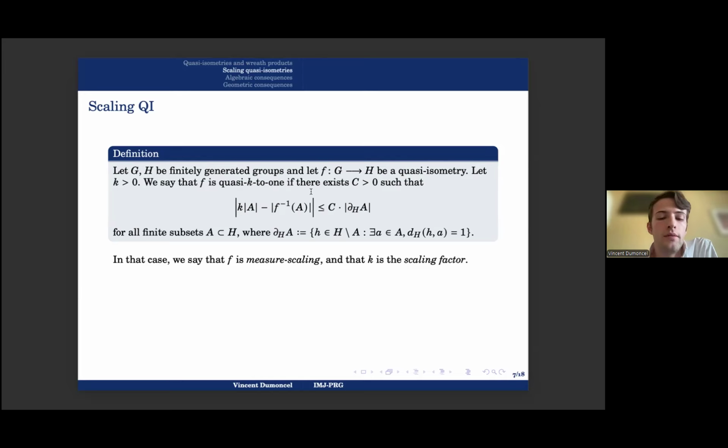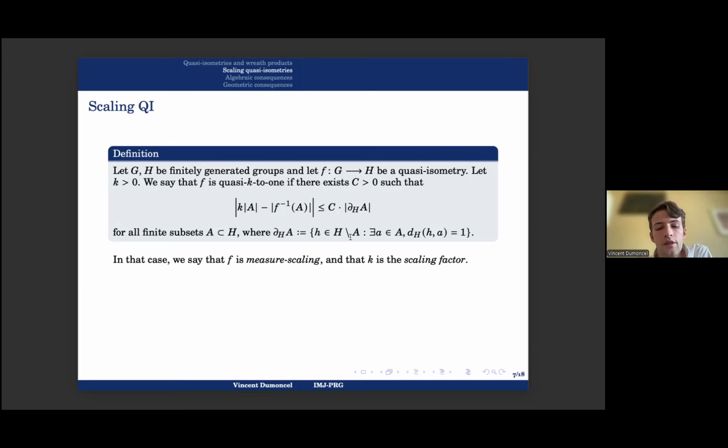Okay, so informally, the idea is to say that the size of the fiber of your map, the size of preimages of points, is roughly k. Okay, so up to a small error that you control, and you ask in fact a precise control, which is in terms of the size of the boundary of the finite subset. And here the boundary is the classical definition.